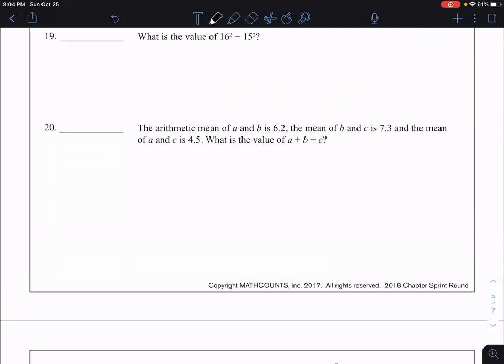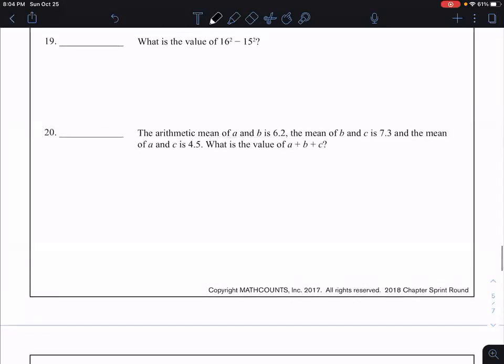First of all, we're gonna look at this first statement here. So the arithmetic mean of A and B is 6.2.